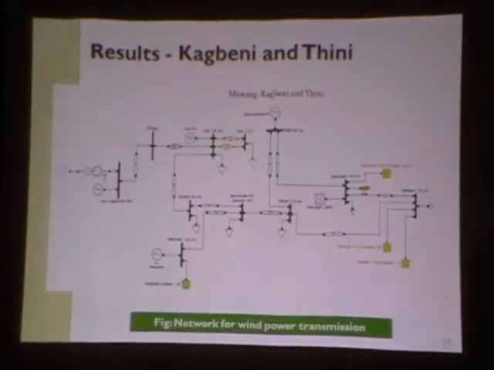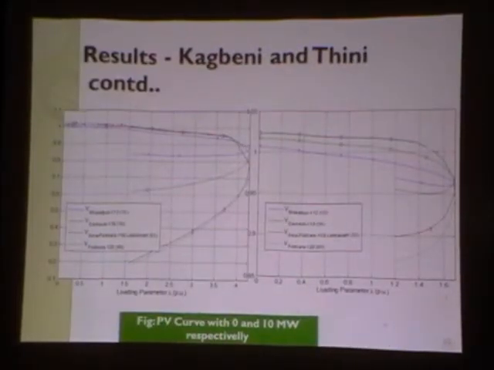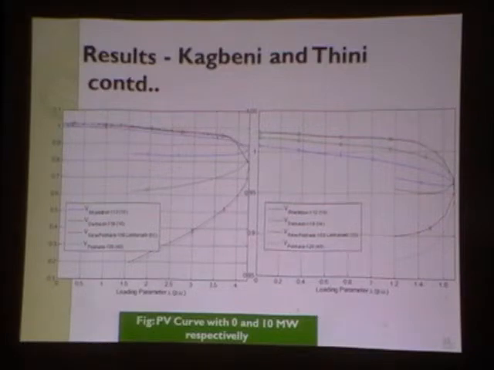This is the network developed for the Kagbeni and Mustang corridor, and for that case, a single wind farm site was considered and wind penetration level assessment was carried out. This is the result for the Kagbeni and Thini corridor, which shows that the loading parameter decreases to 1.6 while penetrating there.